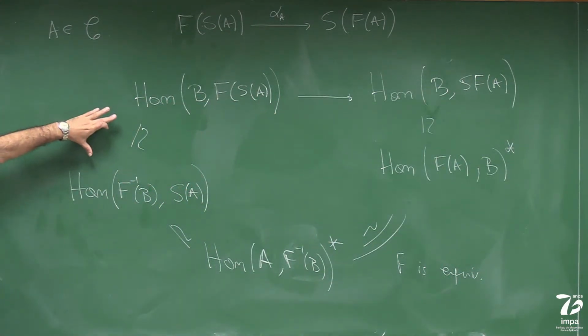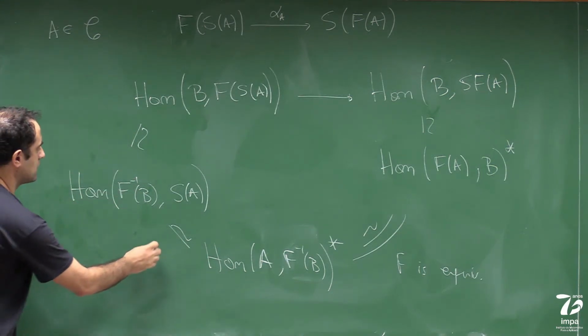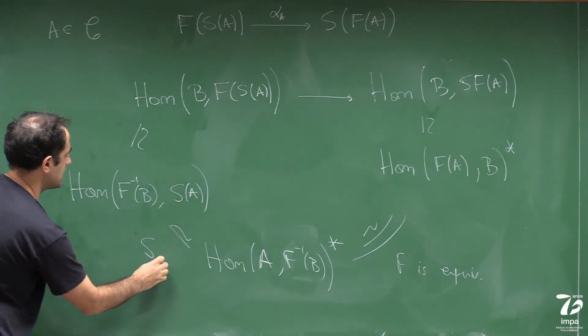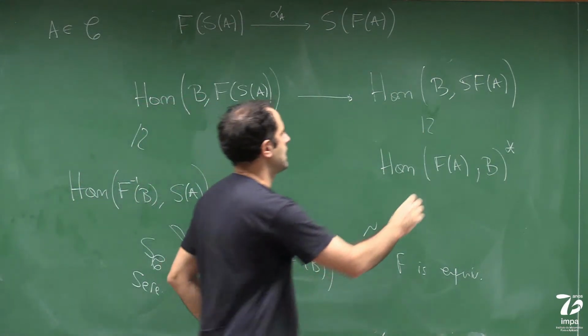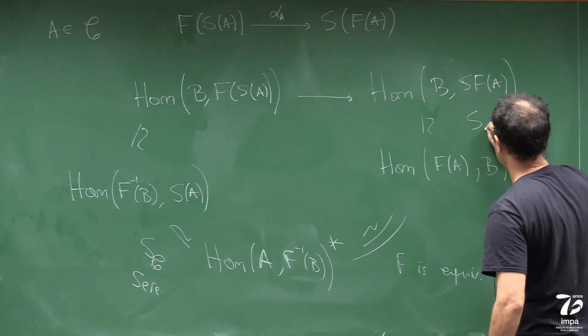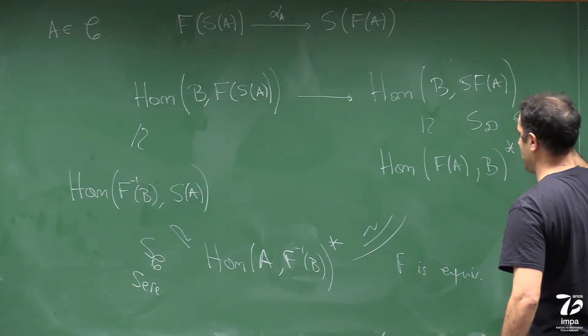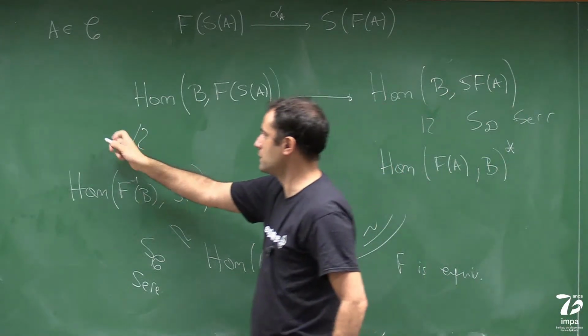So here we used that S in the category C is a Serre functor. Here we used that S in the category D is a Serre functor. Here we use that F is an equivalence, and here we use that F is an equivalence.